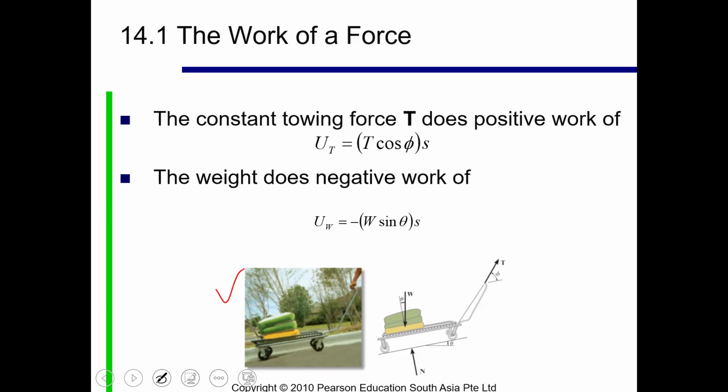If you are supposed to analyze the work done by different forces, the first thing is that I need to draw the free body diagram. This is how the slope and the object will look. The towing force being applied here is at an angle phi, for example. It's trying to pull the trolley upward, and as a result, the trolley is moving.